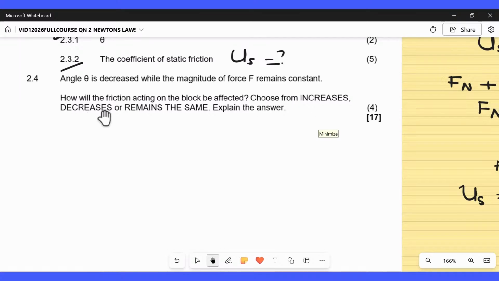But then our normal force, from the given expression, is given by the weight Fg minus the vertical component, Fy.